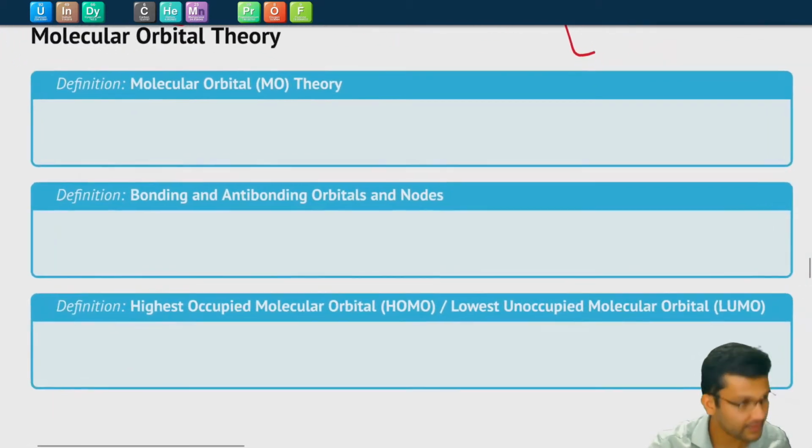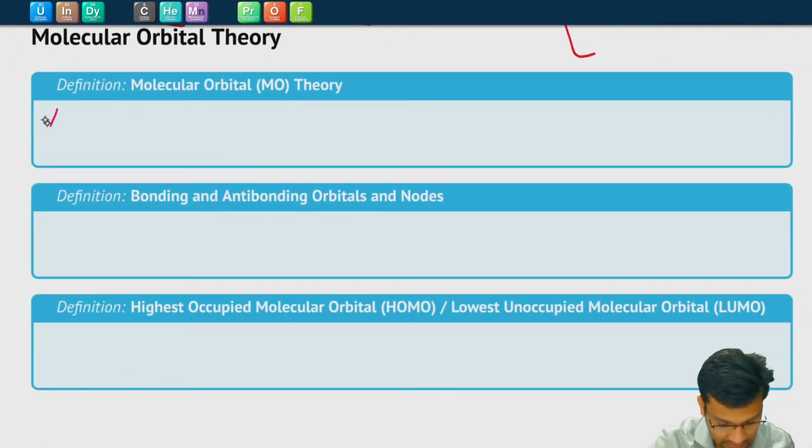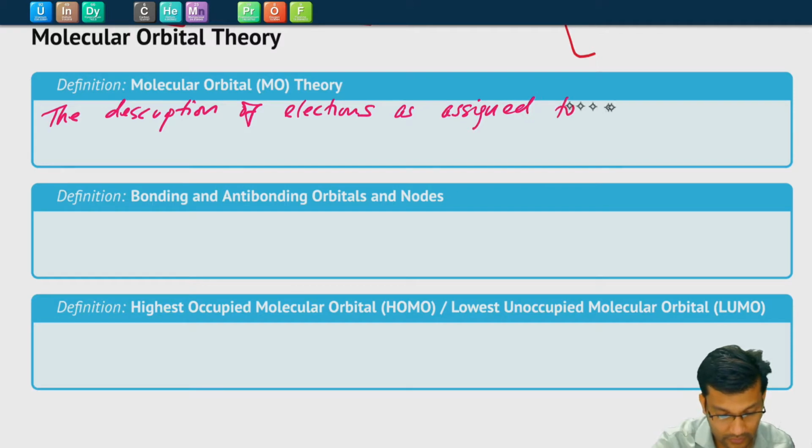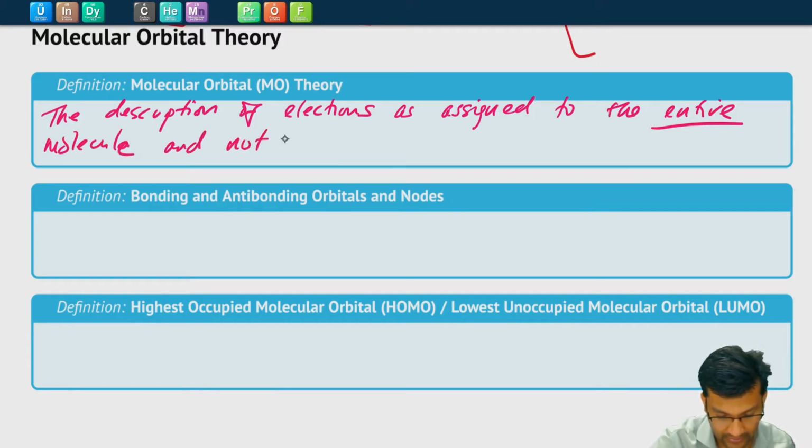Molecular orbital theory is the description of electrons as assigned to the entire molecule and not individual atoms.